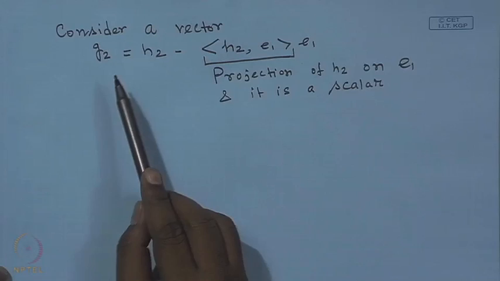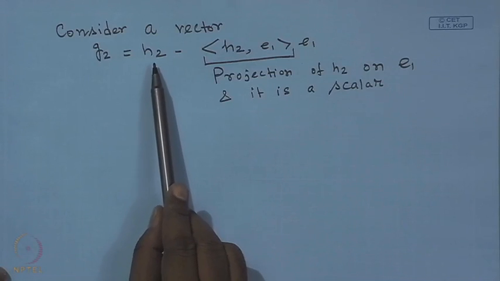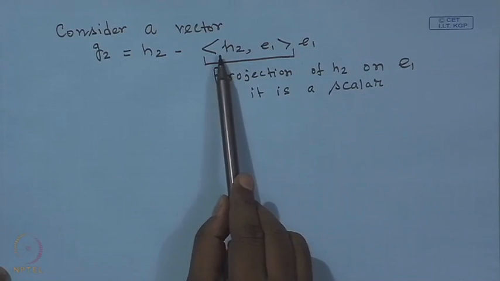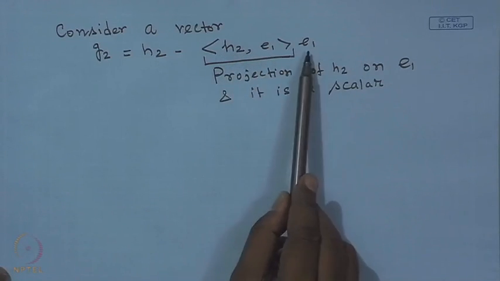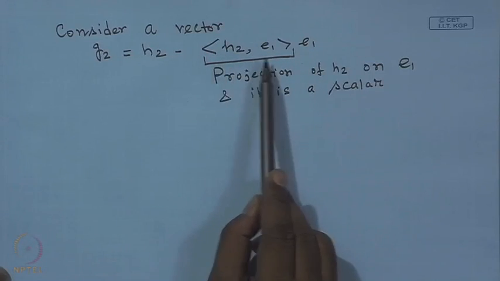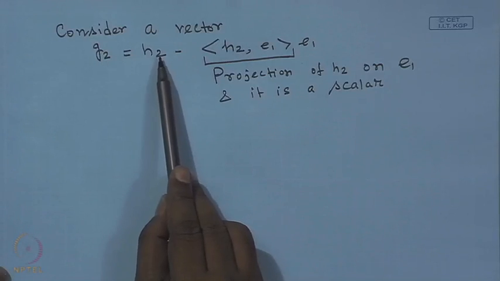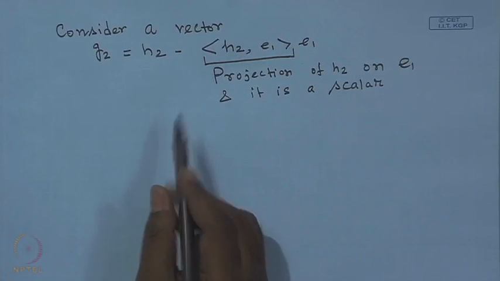Now, in this class we will be formulating the other elements of the target set, E2, E3 and onwards. So, in order to get E2, we have to consider a vector G2, which is nothing but H2 minus inner product of H2 and E1 multiplied by E1. Since the inner product is a scalar multiplier, we can formulate this vector in this particular form.